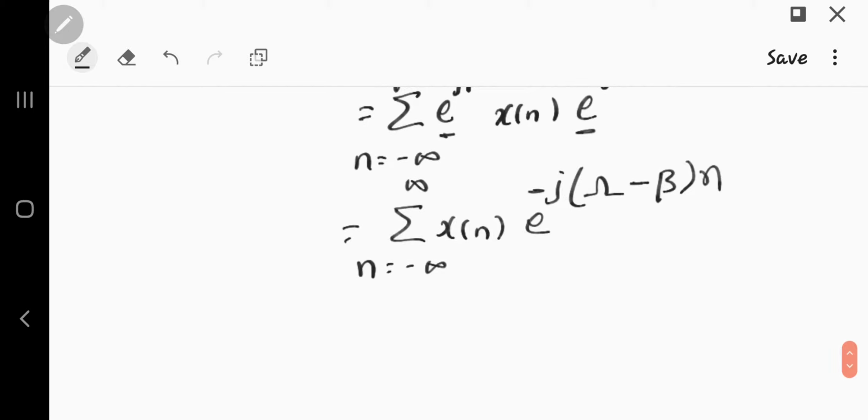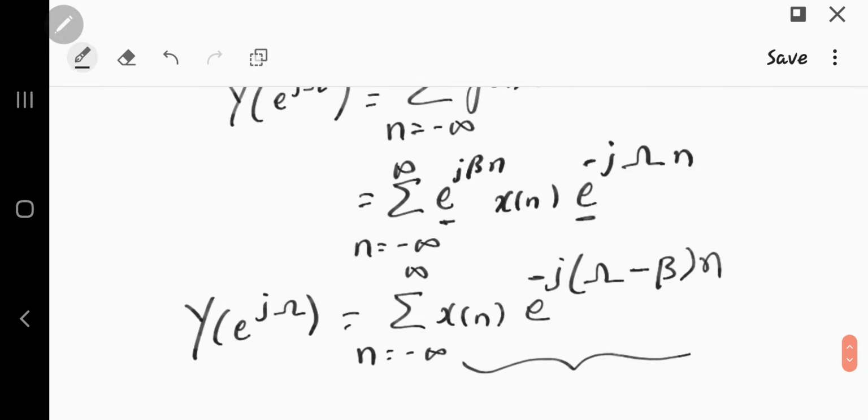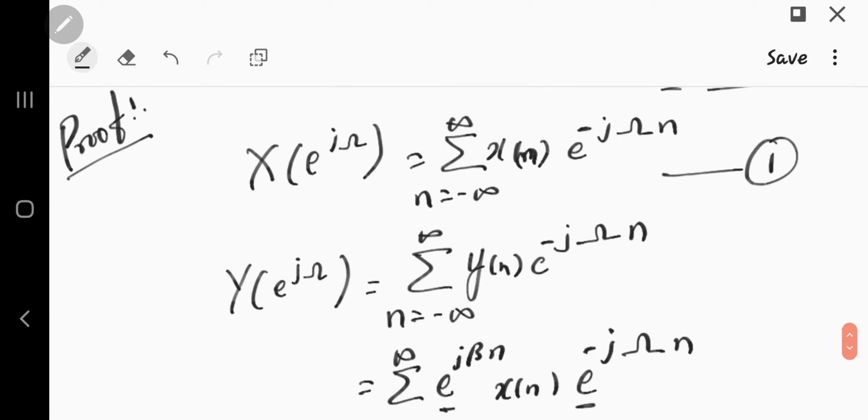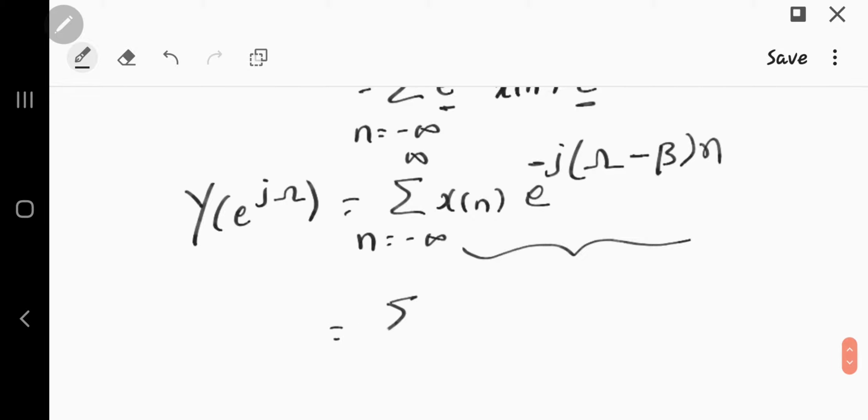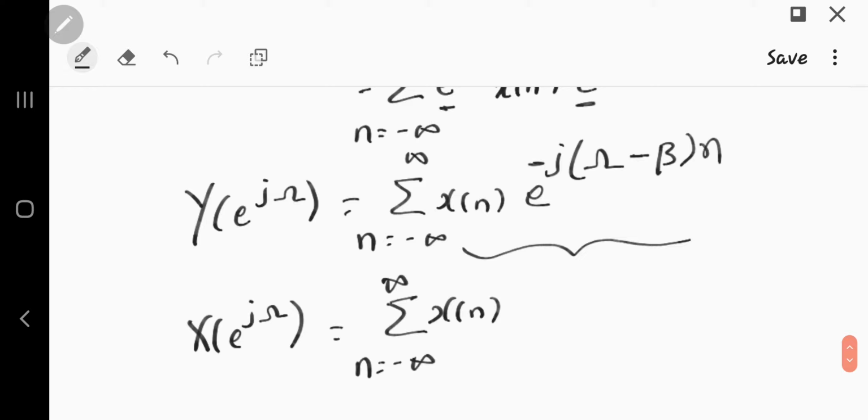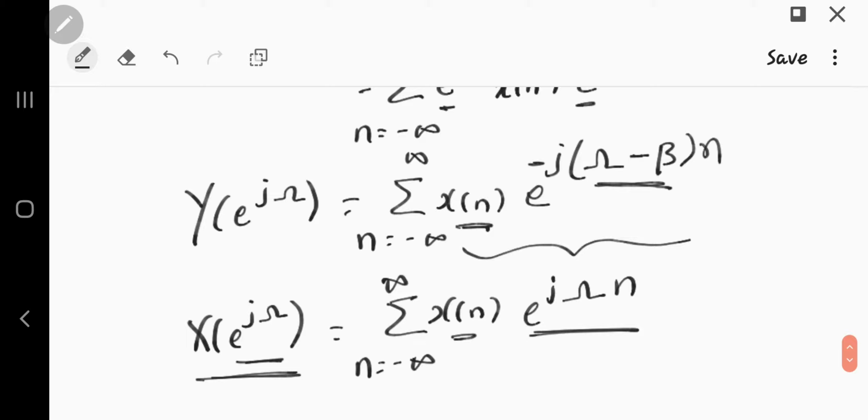So now if you observe this equation, you can compare this with equation 1. I'll just write equation 1 once again here, that is X of e power j omega is equal to summation n equals minus infinity to plus infinity x of n e power minus j omega n. Now if you compare this, we have the same term x of n, same summation. In place of omega, we have omega minus beta here.